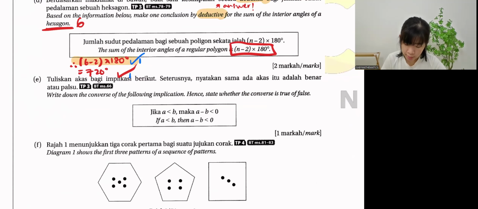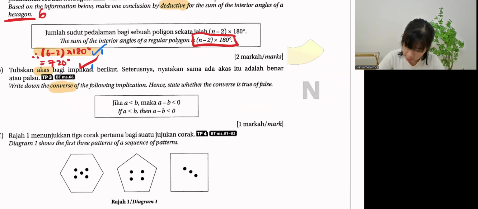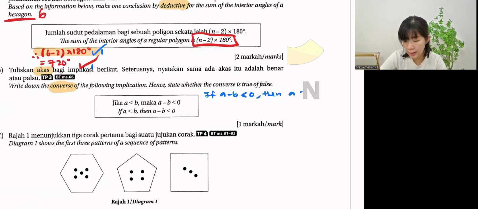E, write down the converse, and hence determine whether the converse is true or false. Converse means you reverse the sequence. Switch only. You write: if a minus b is less than 0, then a is less than b.